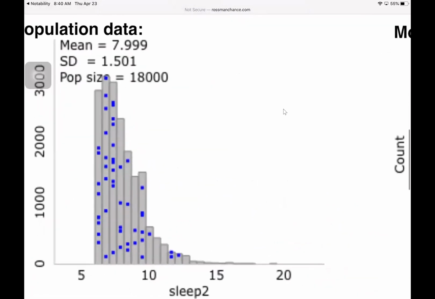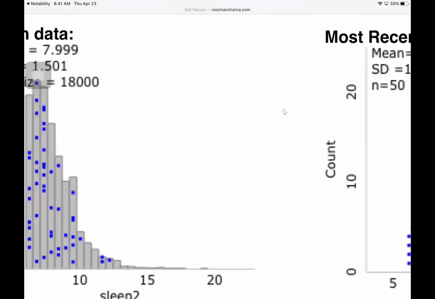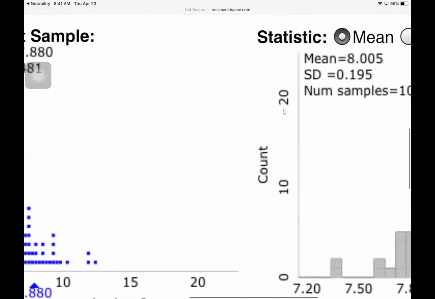All right. So here goes my old distribution. My old distribution is still skewed to the right. But I want to see what happened to my new distribution. Is it still slightly skewed to the right, or is it now a little bit more symmetrical? So let's move over and let's see.